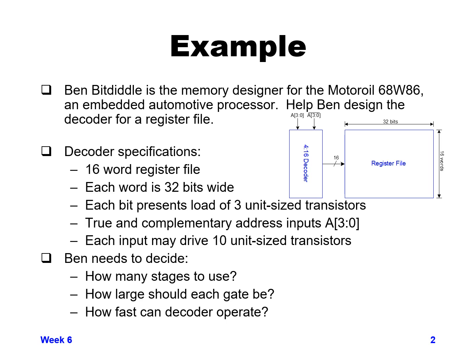So the decoder specifications: we have a 16-word register file. Basically that means we have 16 separate words that we might address, and each word is up to 32 bits.